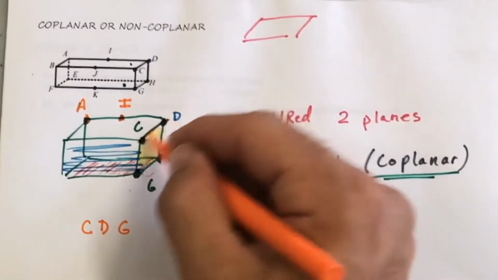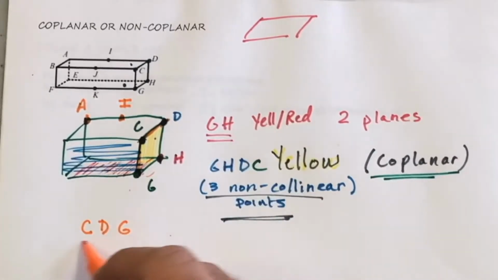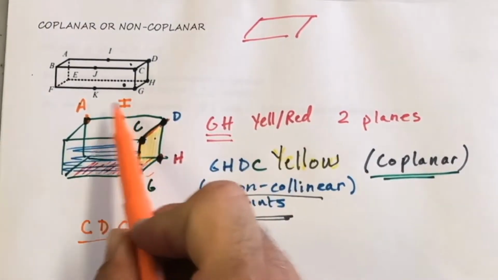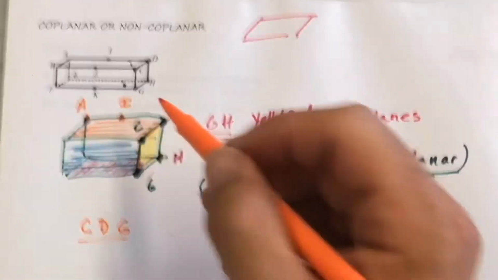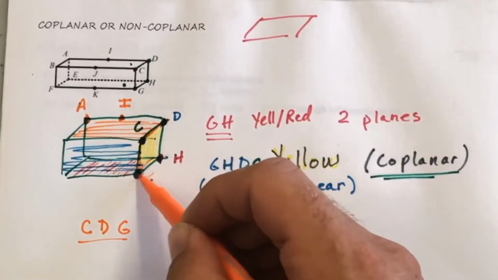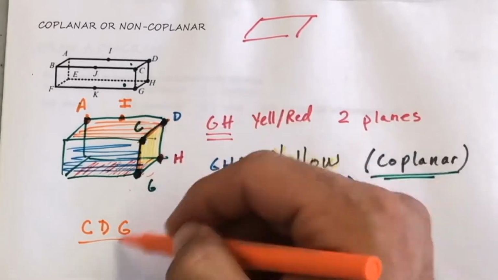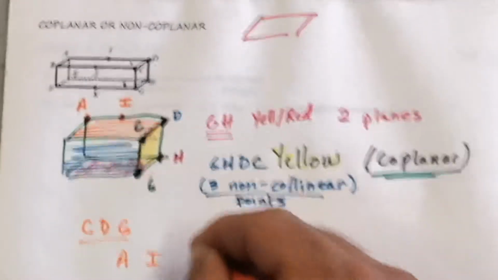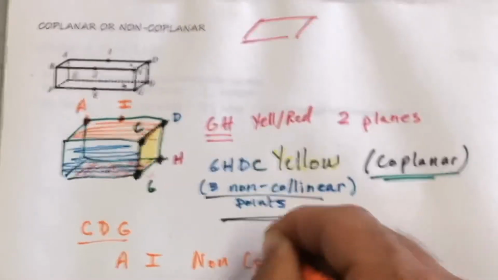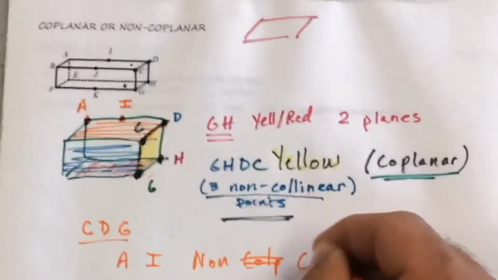We're talking about these 3 points here. I and A are coplanar to C and D because they're part of that top surface, but not to G. G is not part of this top surface. So A and I would be an example of some non-coplanar points. I spelled that totally wrong.